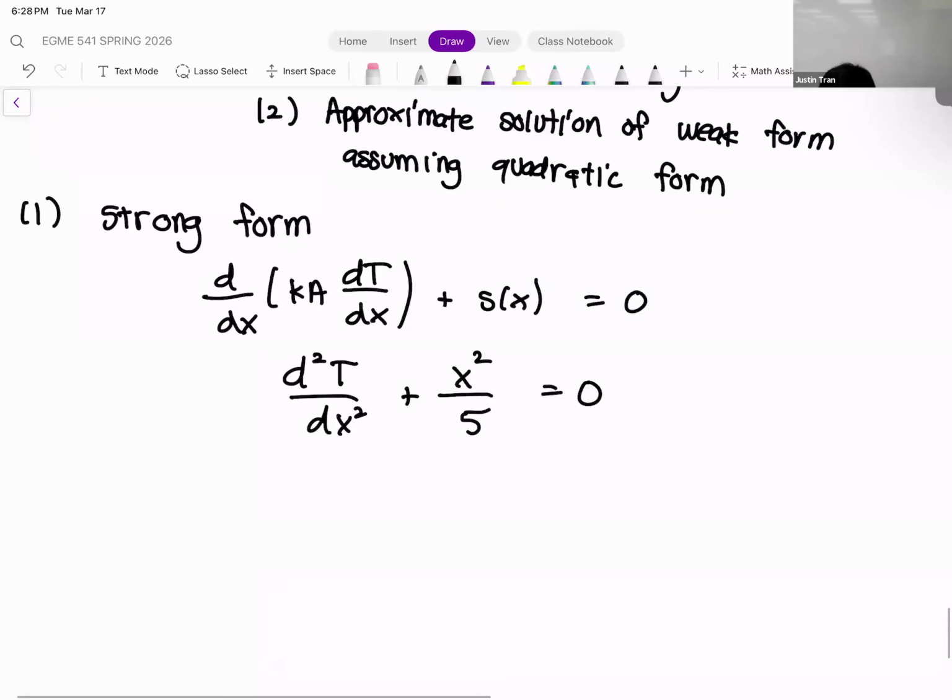And all of this is equal to 0. So we have a fairly simple case here. We're just going to move the x squared divided by 5 to the other side of the equation. So we have d squared T/dx squared is equal to minus x squared over 5.